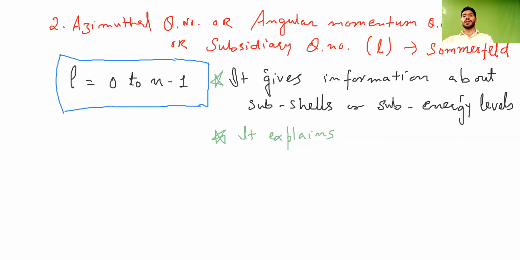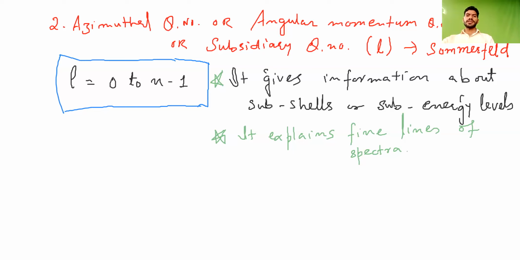So along with the main lines, there are some smaller lines also, which are known as fine lines. These fine lines of spectra are explained by this azimuthal quantum number, or angular momentum quantum number.